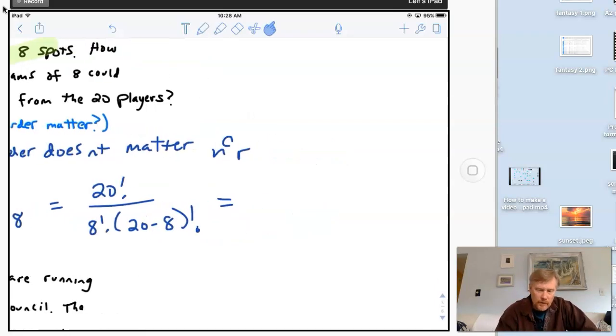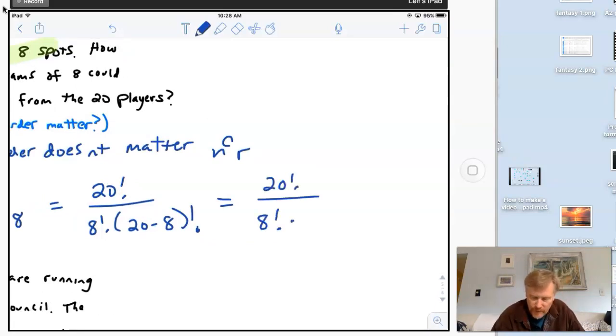Okay, and you can probably punch that in your calculator. Hit 20 factorial over 8 factorial times 12 factorial. Please don't multiply the 8 and the 12 factorial together and get 96 factorial. That's wrong. Don't do that. You need to do each one out individually.